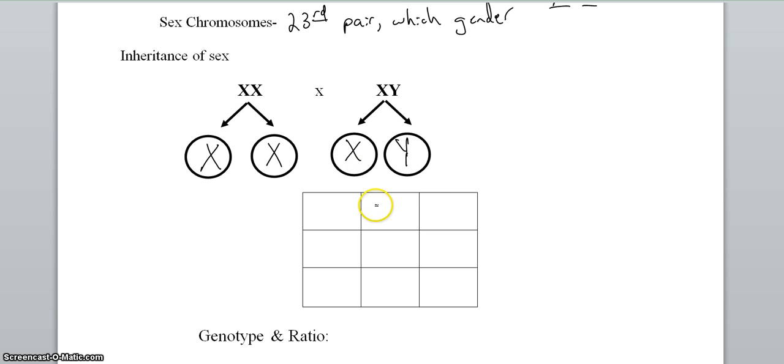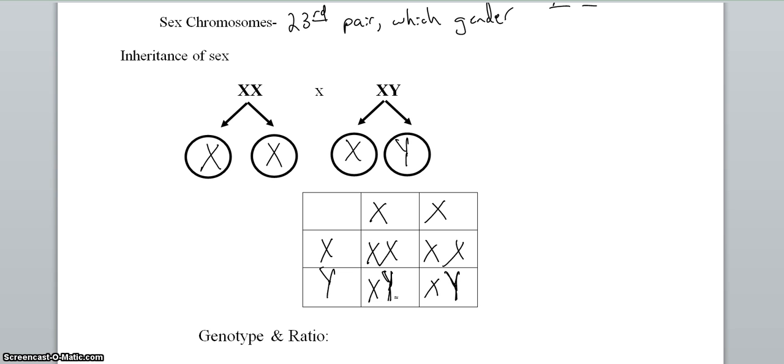So if we were to do a little Punnett square with just the chromosomes, as you can see, 50% of the offspring would be male and 50% would be female. Now, this is mathematically how you could think about it, but it's not actually entirely true. The environment of the woman's vagina can determine which sperm, those that have Y chromosomes in them or those that have X chromosomes in them, can get to the egg faster.